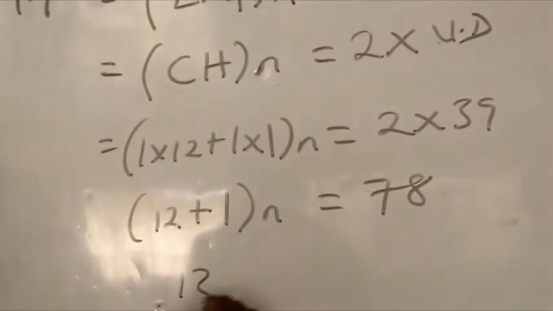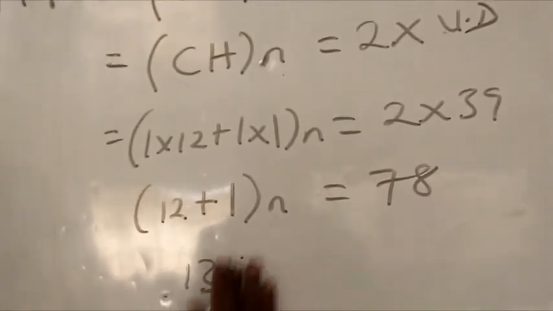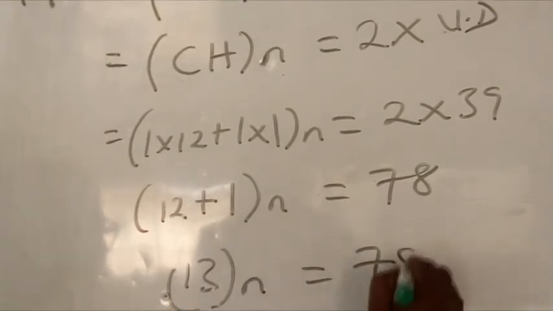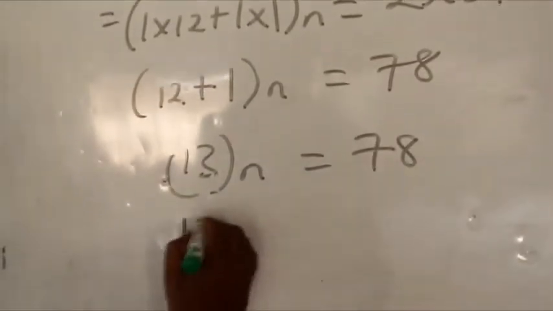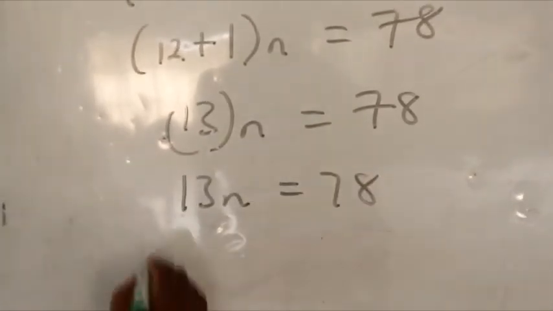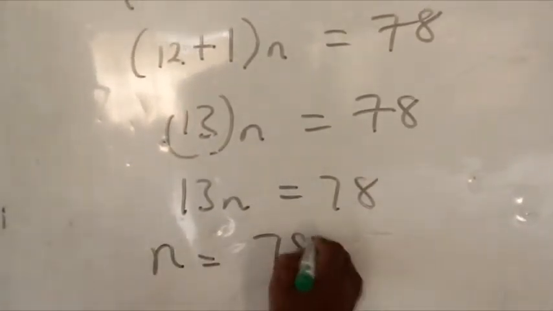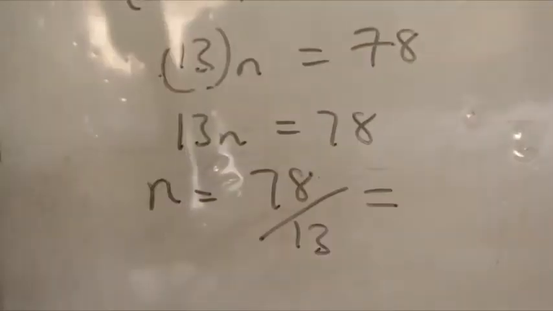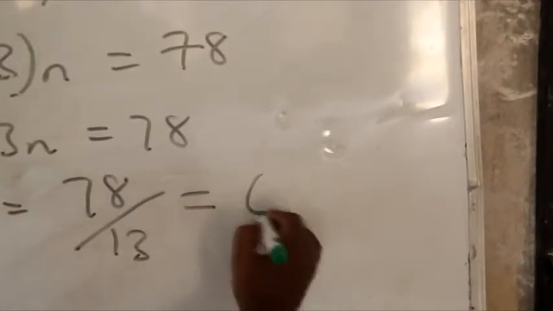So we have 13n is equal to 78. We remove the bracket: 13n equals 78. Making n the subject of the formula, we have 78 over 13. 78 over 13 is 6.